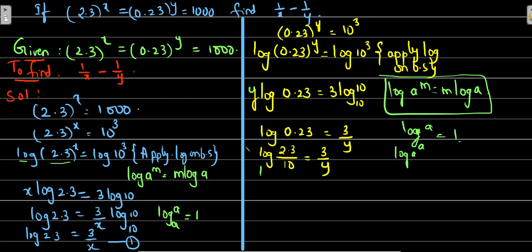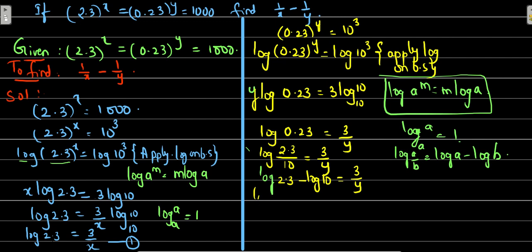log a by b is equal to log a minus log b. So, this is in the form of log a by b, so this can be written as log 2.3 minus log 10, that is equal to 3 by y.